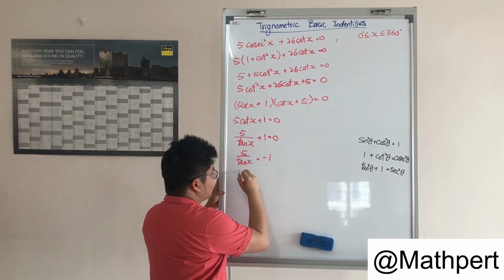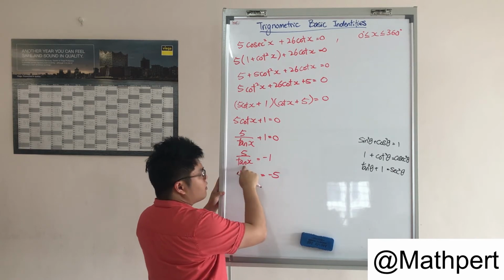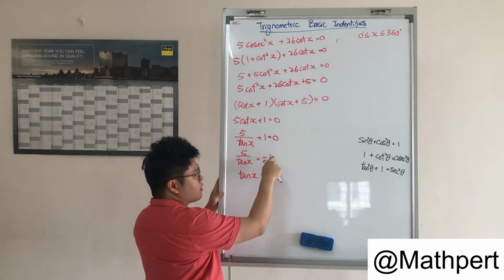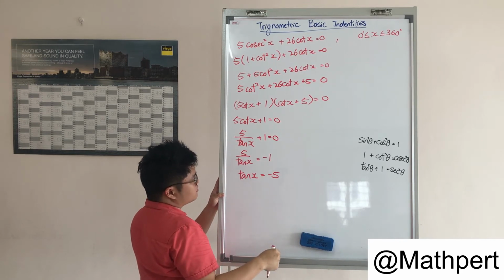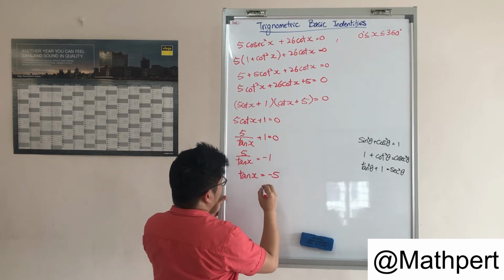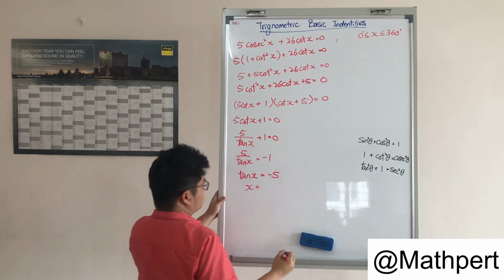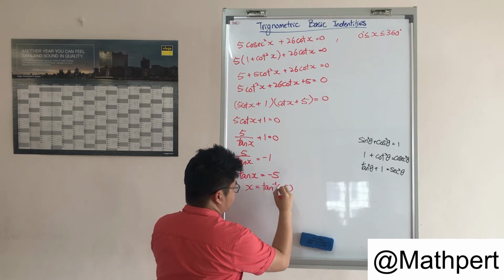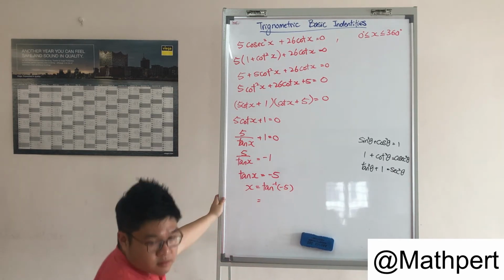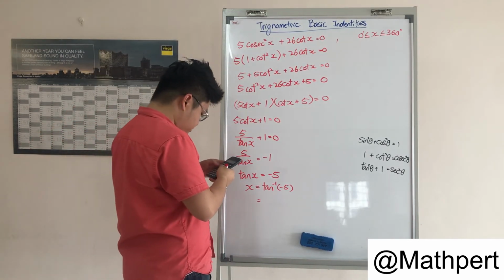Then we can say tangent x equals minus 5. So x equals arctangent of minus 5.